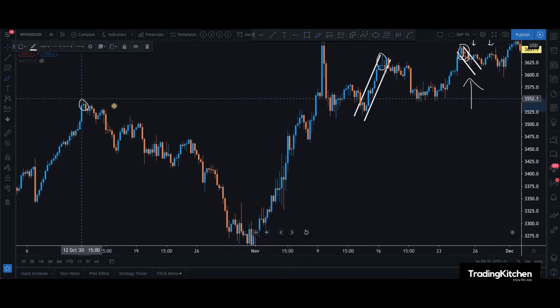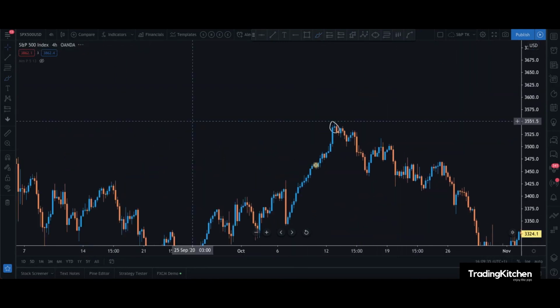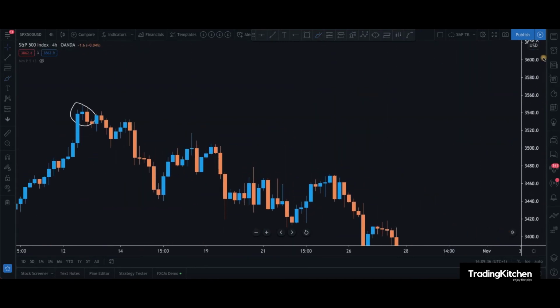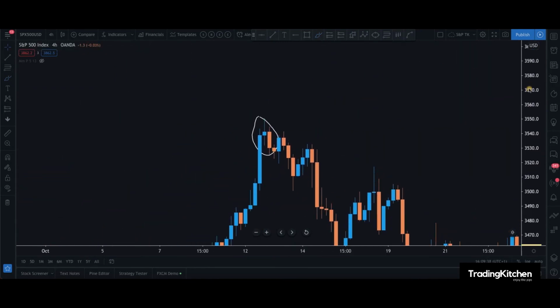Okay, I don't know if it is exactly a Doji, but as you can see, the strength of the buyers is the same as that of the sellers. So here the market, you cannot understand what the market wants to do now.